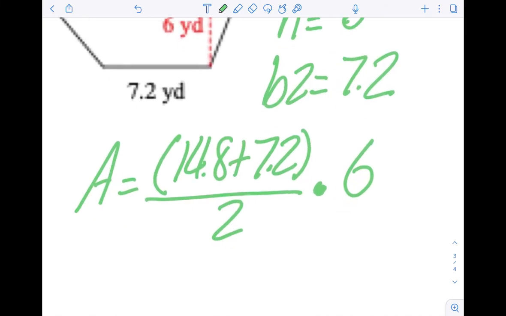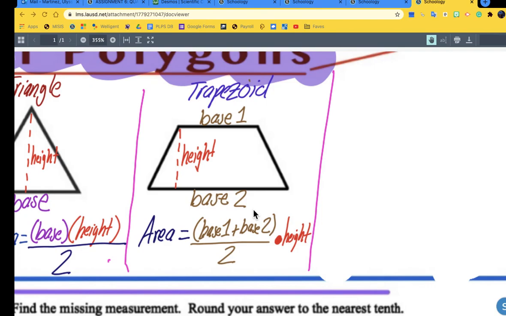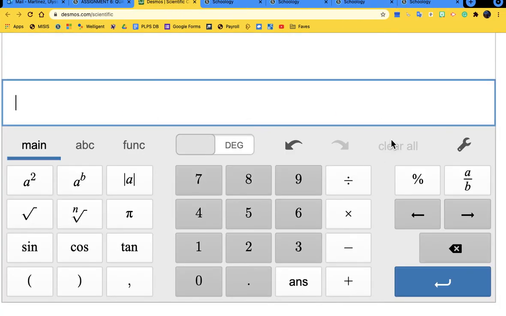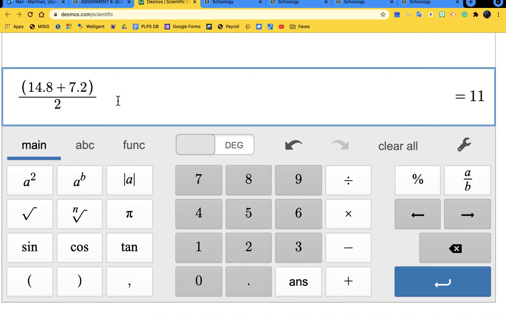Look at that. So this is what I'm going to put in the calculator. So back to the calculator, right? Clear it up. So I'm going to go to 14.8. Right, I'm using the keyboard this time. That's okay. Plus 7.2, parentheses, divided by 2, and then move the cursor there, times 6.